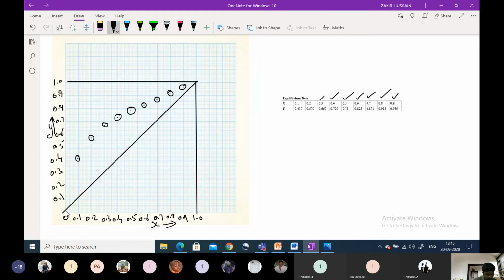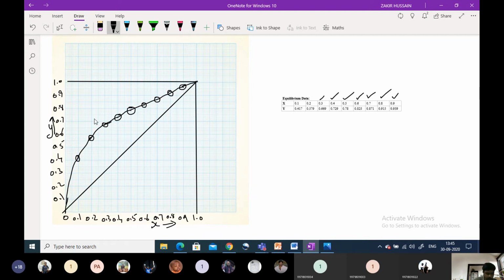Now you have to draw a curve connecting these. Remember to connect this curve accurately, because our plates will depend on this curve only. We connect it up to the diagonal line.